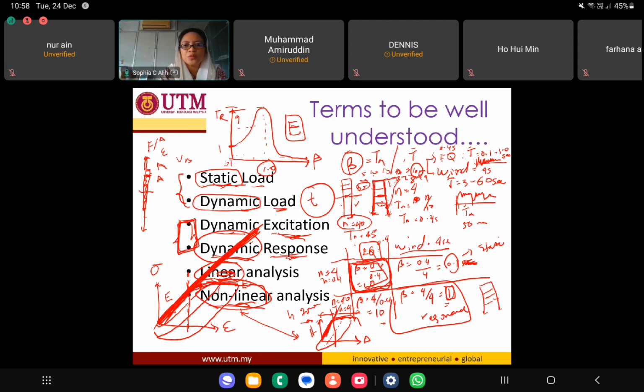So I hope you are clear what you are going to get from this class, what you already get from this class if you have already done your earthquake design. And in which condition it is safe for you, and in which condition you have to take a bit more precaution. So are we clear?